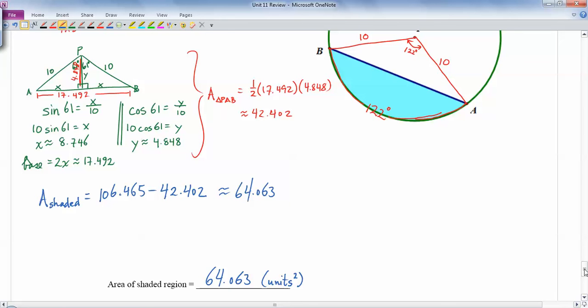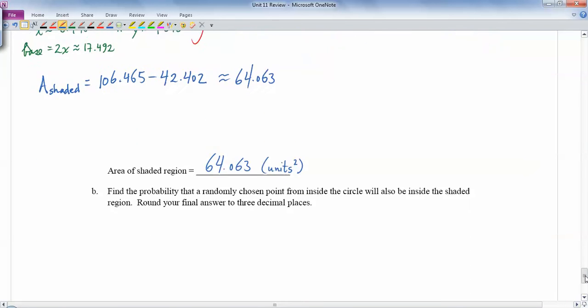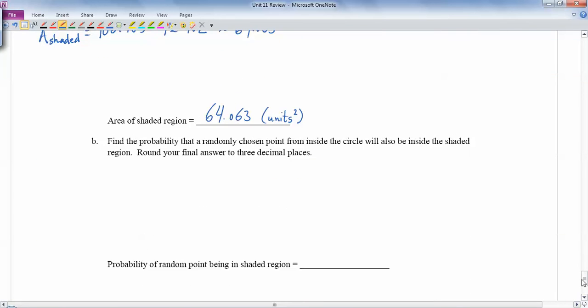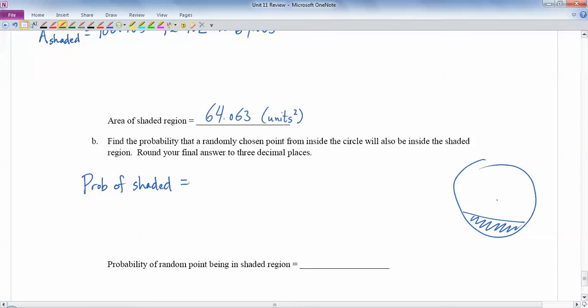Okay, so let's take a look at B. B says, find the probability that if you choose a point randomly from inside that circle, it will be in this shaded region that we figured out earlier. Remember probability, in this case of getting a point in the shaded region, is always the area of whatever you're hoping the point is in.